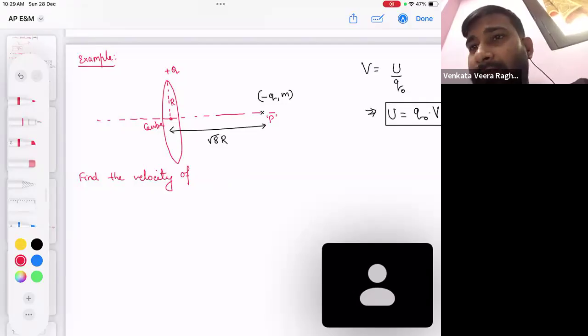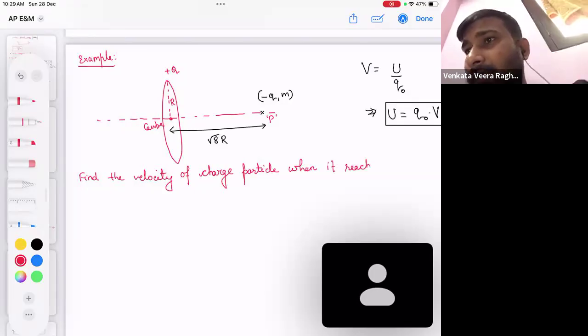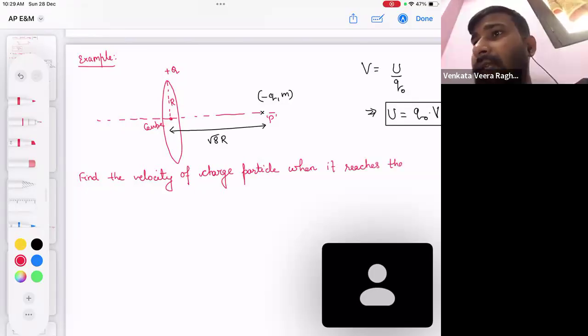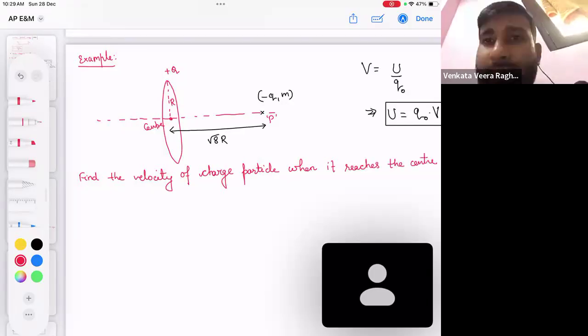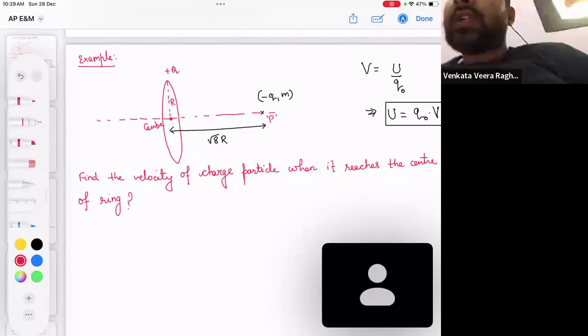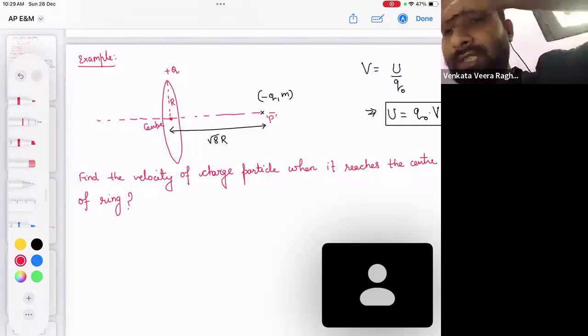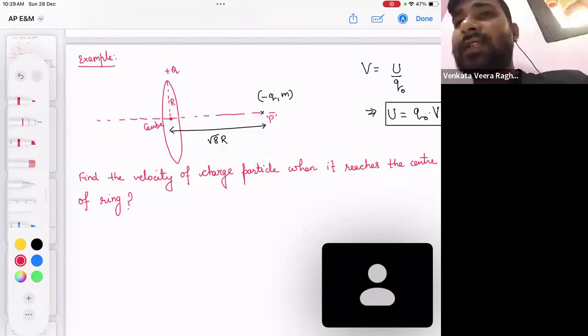Find the velocity of this charge particle when it reaches the center of the ring. Understood? It is released from the point that is given to you in the question. And they are asking, what will be the velocity of this charge particle when it is going to reach the center of the ring?